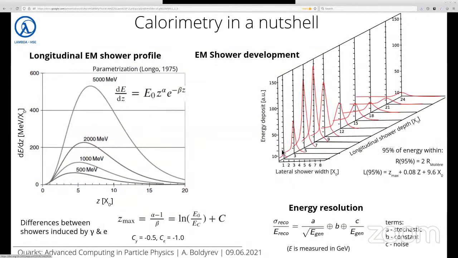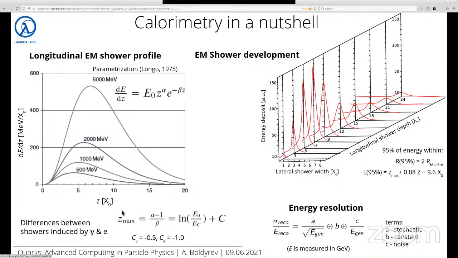Let me remind you of some basic knowledge about calorimeters in high energy physics. The figure on the left shows the parameterization of the longitudinal electromagnetic shower profile. Note that the showers induced by different particles like photons and electrons differ markedly by a constant.